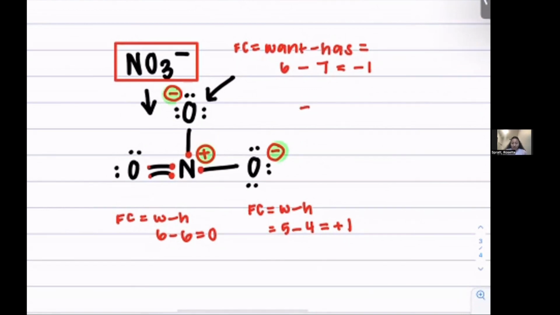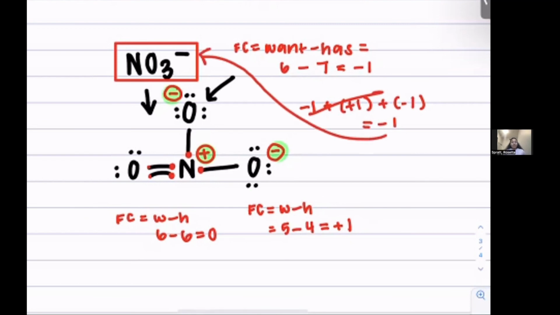So a -1 plus a +1 plus another -1 gives us -1, because -1 plus 1 is 0. So we're left with just -1, which is exactly what we have up here. And that's how we know that we've calculated all of our formal charges on each element correctly.